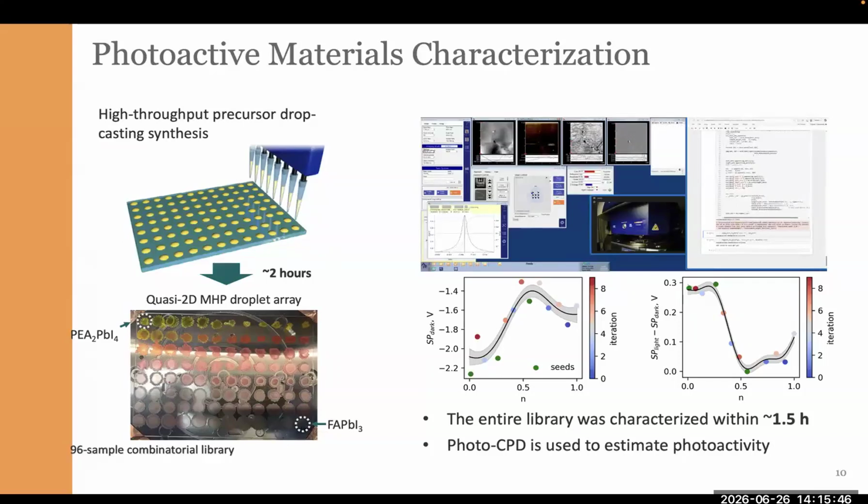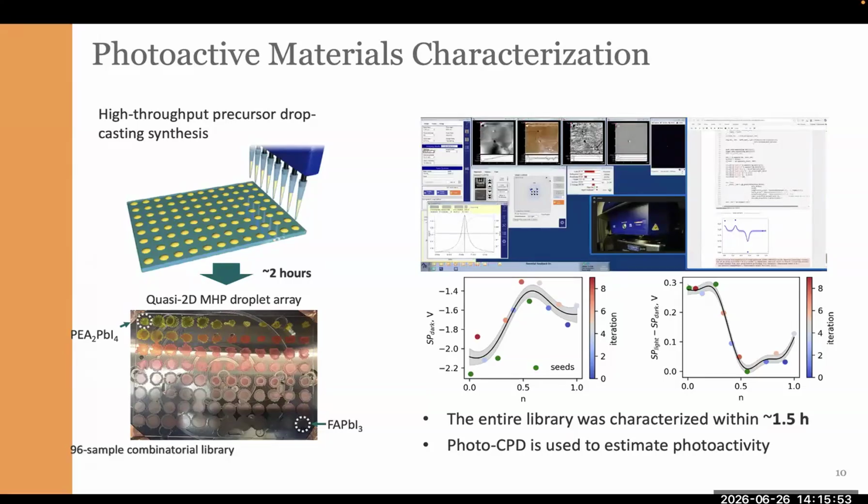For example, in this case, it was a metal halide perovskite library consisting of 96 samples with different compositions. So we may say that in a single sample, we have access to 96 different compositions, and the characterization of such a library can be driven in a fully automated approach, in a single run with Bayesian optimization or another technique.